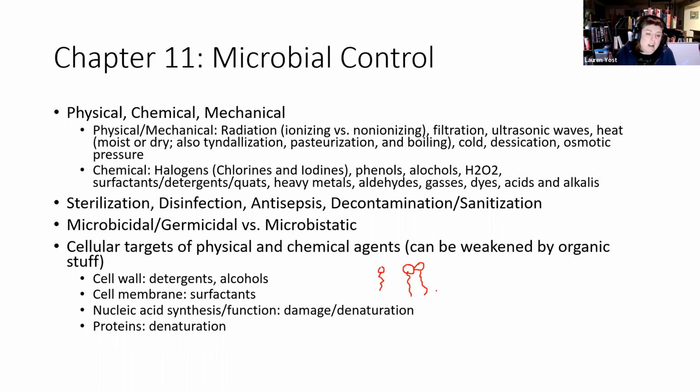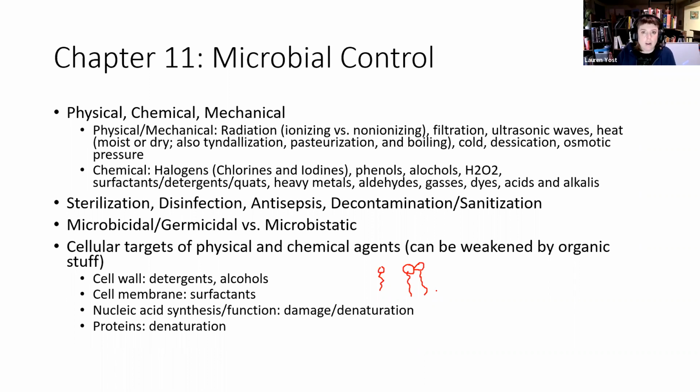Moving on to nucleic acid synthesis and function. Anything that causes damage or denaturation to the actual nucleic acid. What ones actually do this, though? That's going to be the radiation, right? Those rays are literally bombarding the DNA and causing damage.